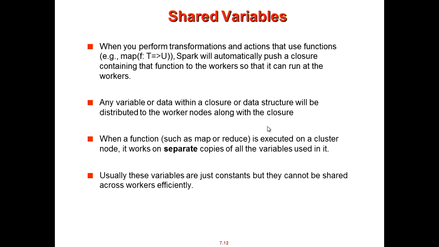When a function is executed on a cluster node, it works on separate copies of all the variables used in it. This is copied several times, and each copy is used by one cluster node. Normally these variables are constant, but they cannot be shared across different workers. So there are many copies of the same variable.